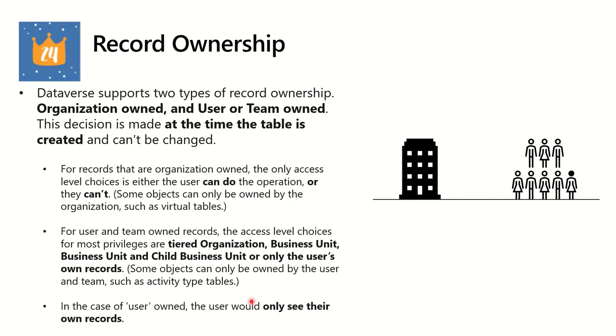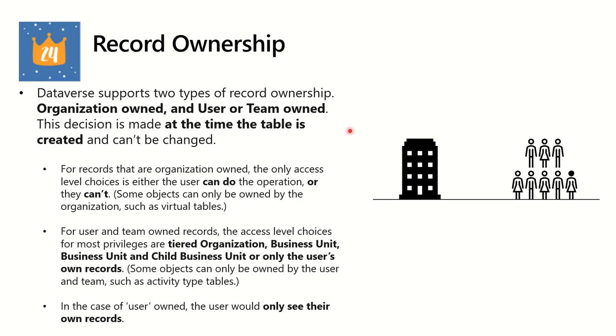There are two types of record ownership in Dataverse. Organizationally owned, so the org, every time you build an environment and you add a Dataverse instance to it, it automatically creates an org level business unit.